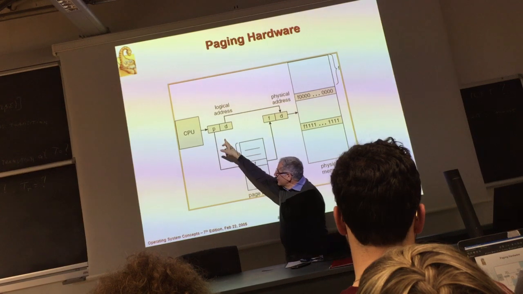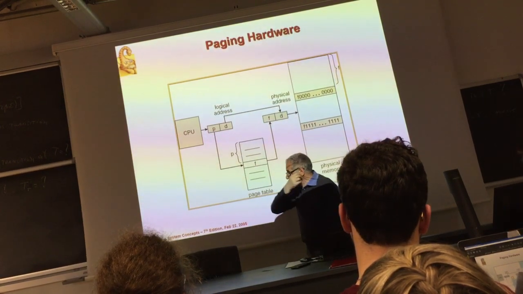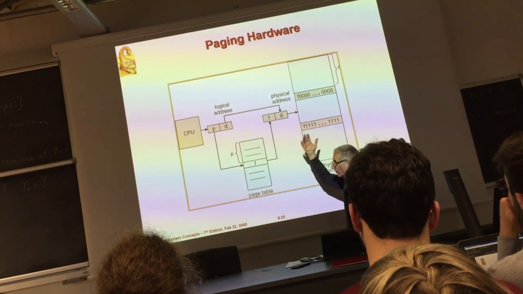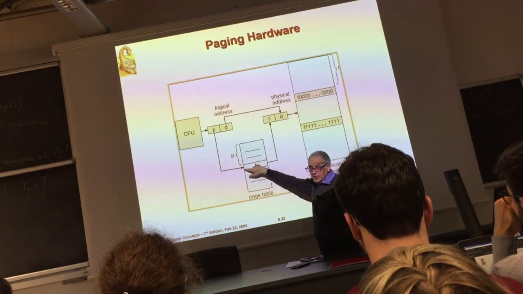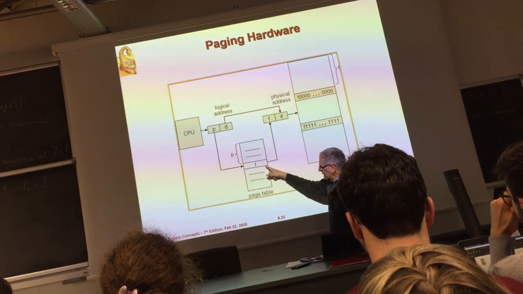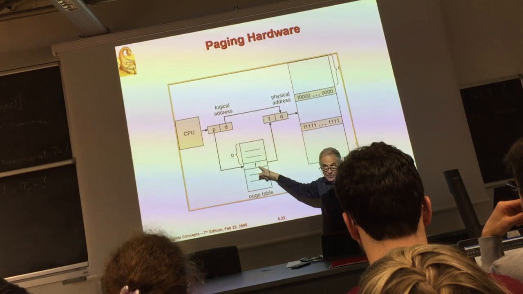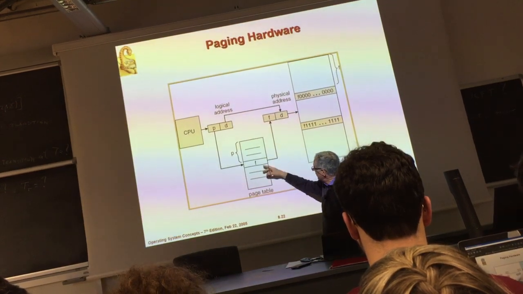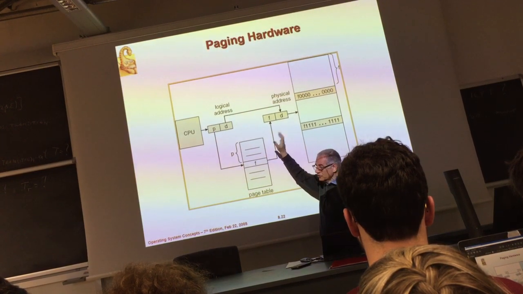So the translation mechanism is to take this number, say 4, as an offset in the page table. The page table contains the frame number. So where is now in physical memory this page?